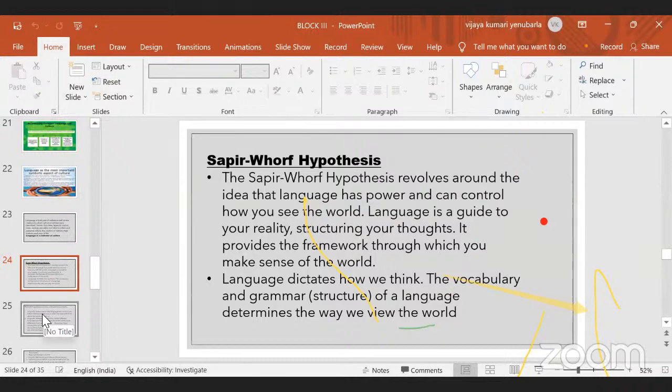So whether you are referring to the brother of your mother or the brother of your father, it is the same in their culture. But here we have different names. That means the language you are using is dictating how you think, how you act, how you behave, what you eat, how you relate yourself with the society. So this is his idea.